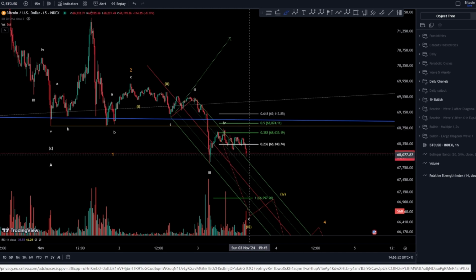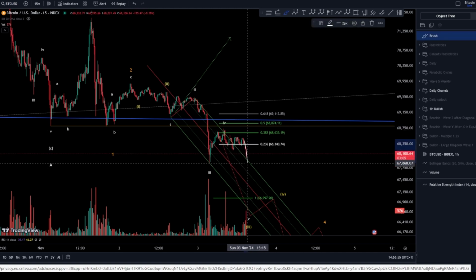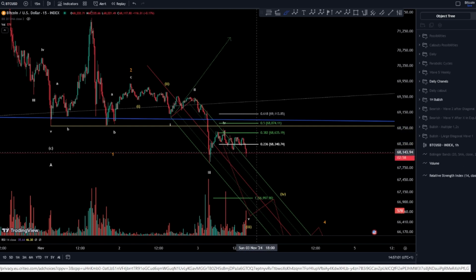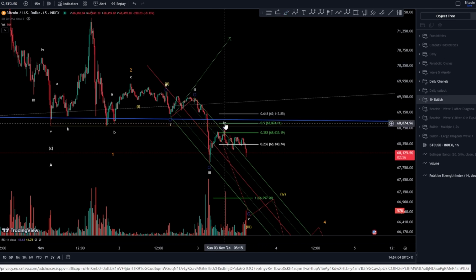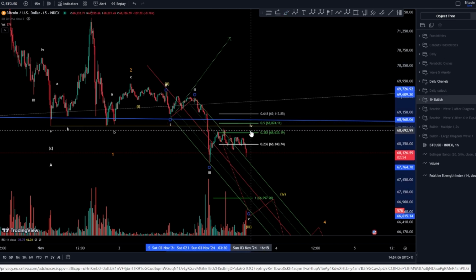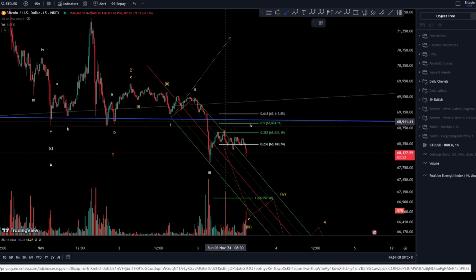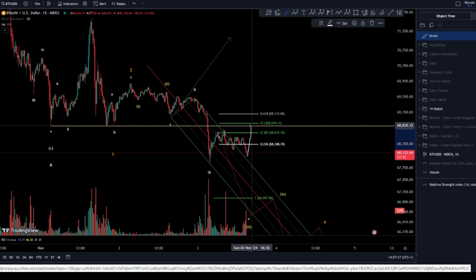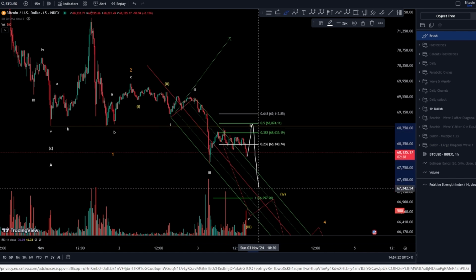And now, as we said, we might, of course, use this channel as a support and then move towards the upside. However, this doesn't mean that your contracting diagonal has finished. This means that potentially your wave 4 did not finish yet because it did not dive deeply inside your wave 1 zone, which is the yellow line. We need to touch the yellow line here as well for your wave 4 to say that this is a perfect diagonal towards the downside.